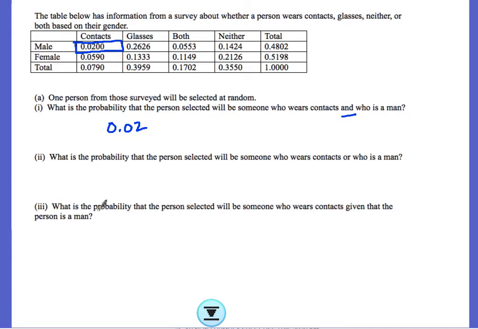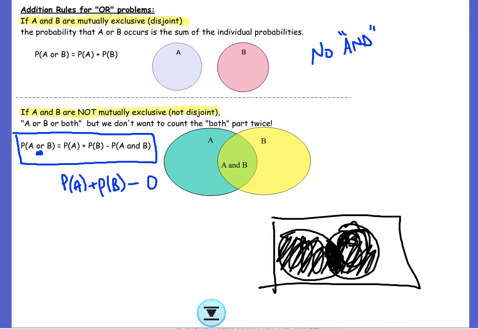Okay, now part 2. What is the probability that the person selected will be someone who wears contacts or who is a man? Now, this is definitely one I'm going to use a formula for. The probability of or is back here. We're going to add each individual one up, and we're going to subtract the and.